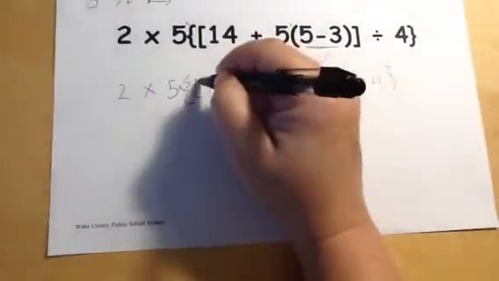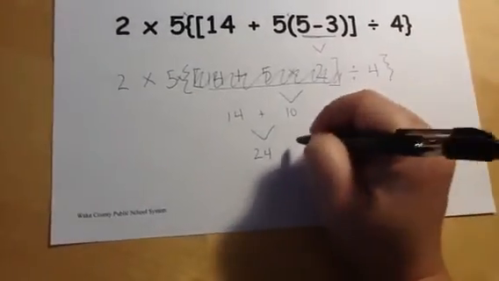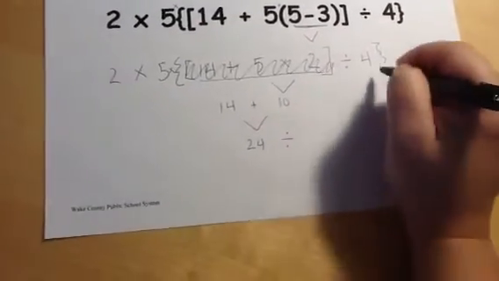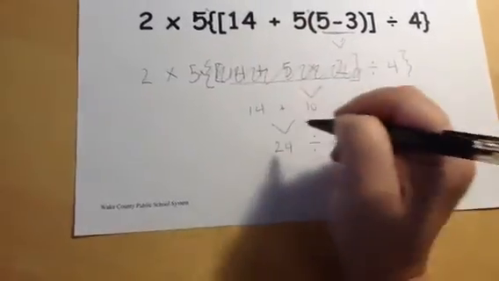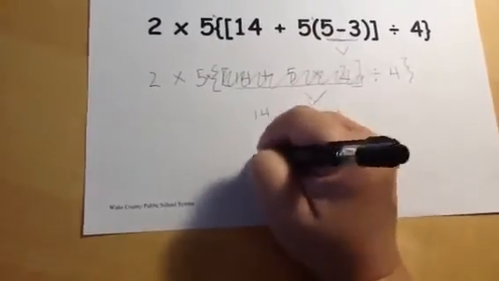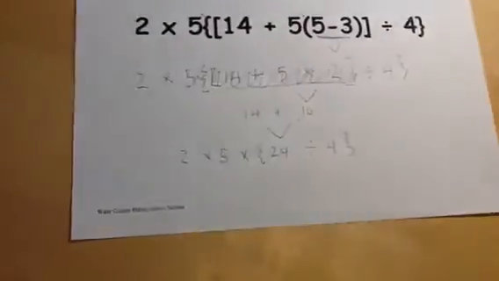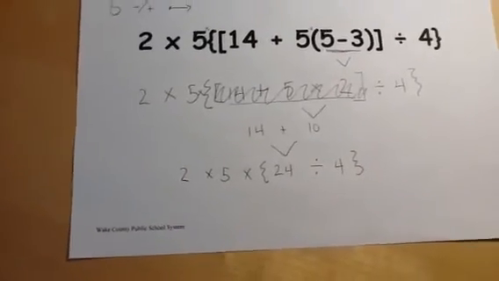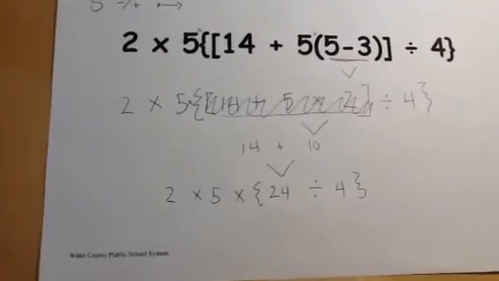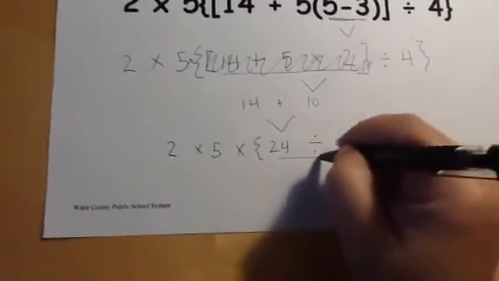Again, I have used all of that, so I'm going to mark it out and write down everything else that I still need to include in my problem. And I'm trying to show you with my pen movements.